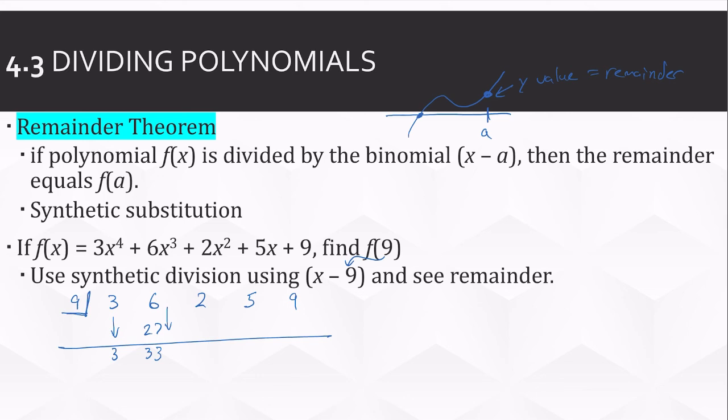And multiply. 9 times 33 is 297. And add to get 299. Then multiply. Times 9 is 2691. Plus 5 is 2696.